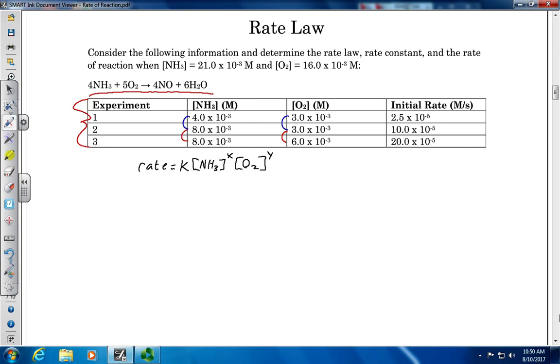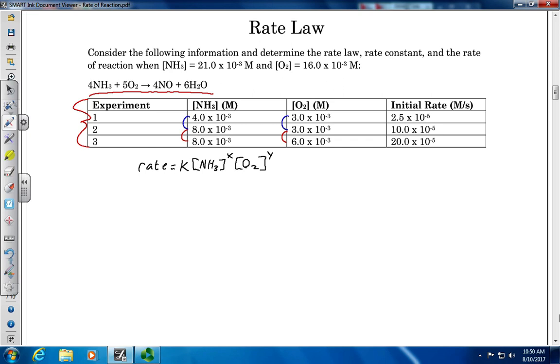Or you can use whatever combination of experiments makes sense to you, go ahead and use those. But really what you want is one group that's changing and one group that isn't changing. So in this case, it makes the most sense to pair off 1 and 2 and 2 and 3.